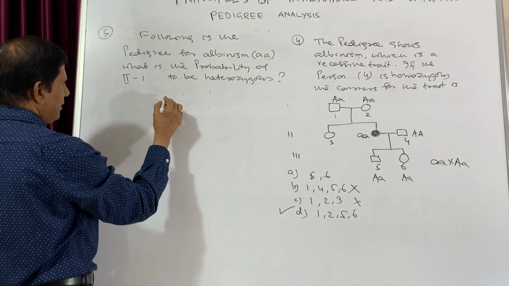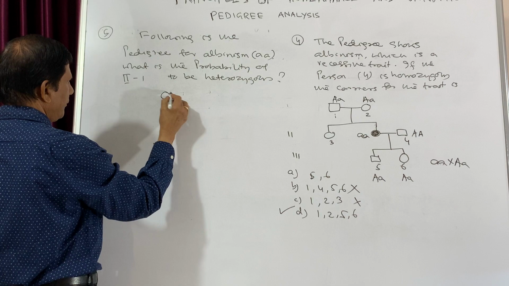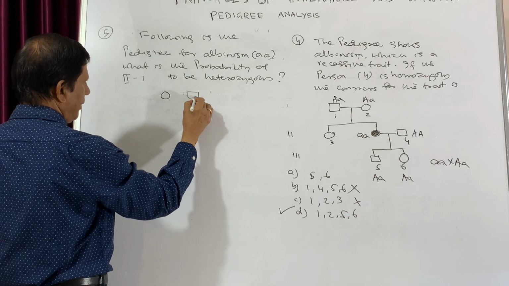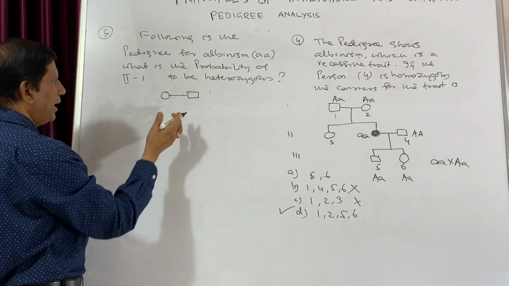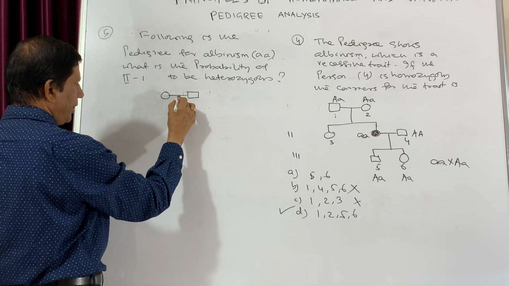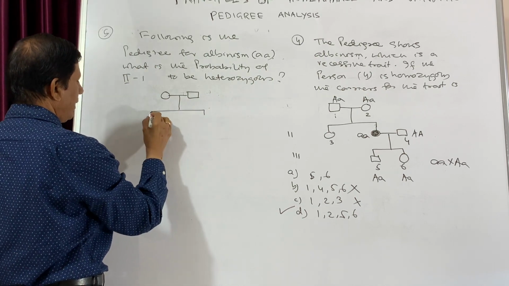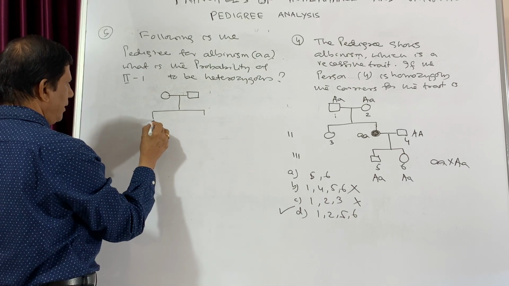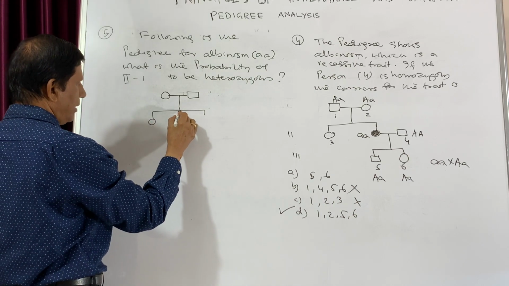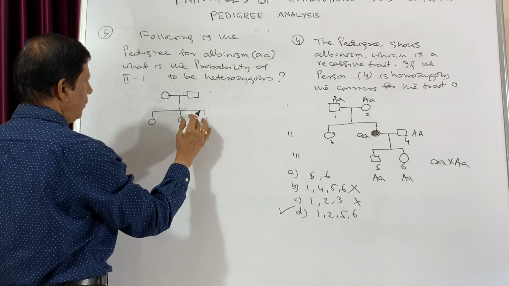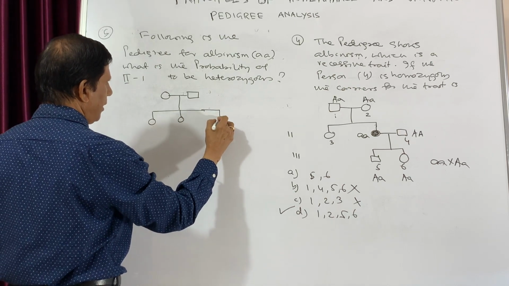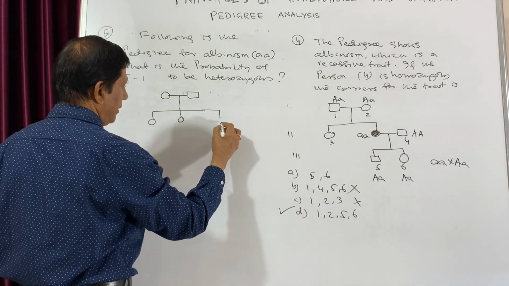So, the first part of the pedigree. Both male and female are not affected. Now they will have 3 children, 1, 2 and 3.